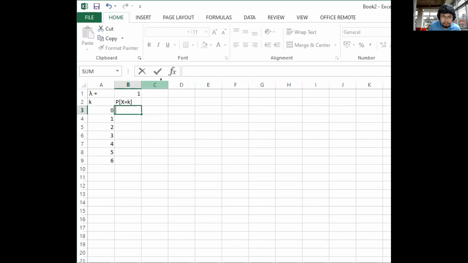In any case, we have here lambda, and I'm going to fix it the same for all the cells.